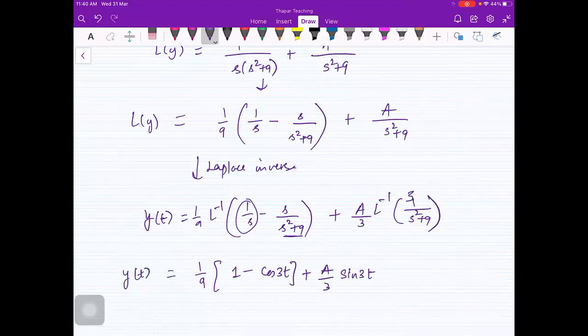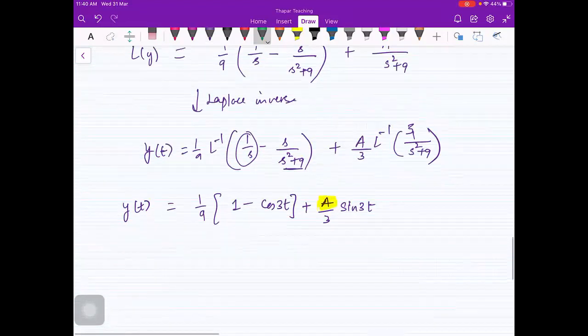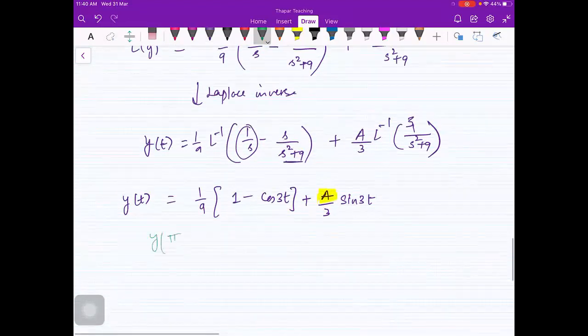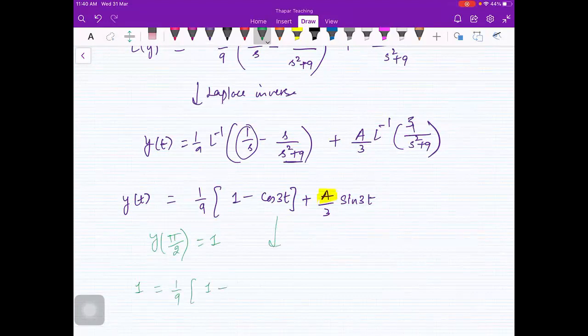Now this constant is there, which we have to determine. For that you'll use y at pi by 2 is 1. It is given. So you'll just put it here, pi by 2. So you'll get 1 is equal to 1 by 9 (1 minus cos 3 pi by 2, that is 0) plus a by 3 sin 3 pi by 2, that is minus 1.